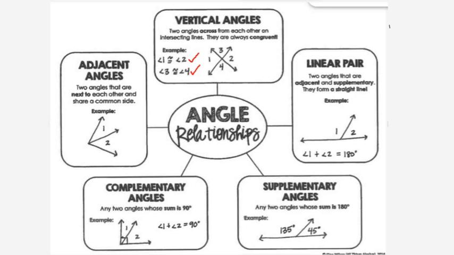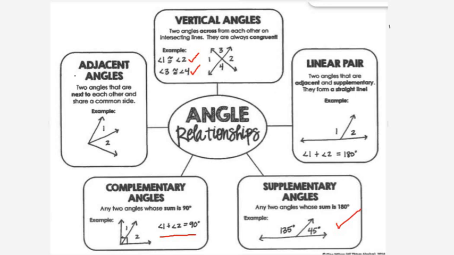Well, the word supplementary are any two angles whose sum is 180 degrees, just like this one right here. And so a linear pair of angles are also any two angles that add up to 180 degrees. Complementary angles, however, are two angles whose sum is 90 degrees.